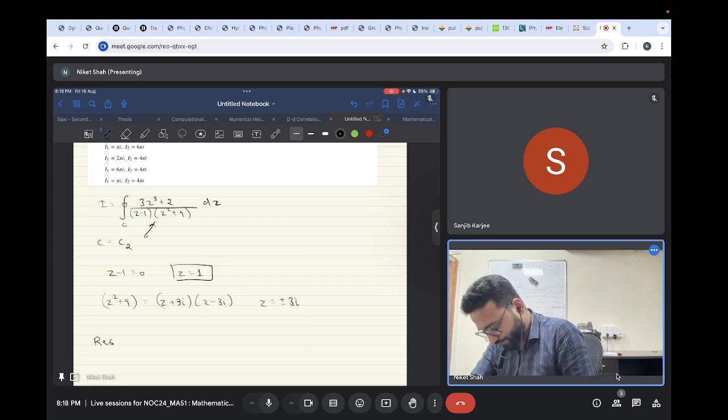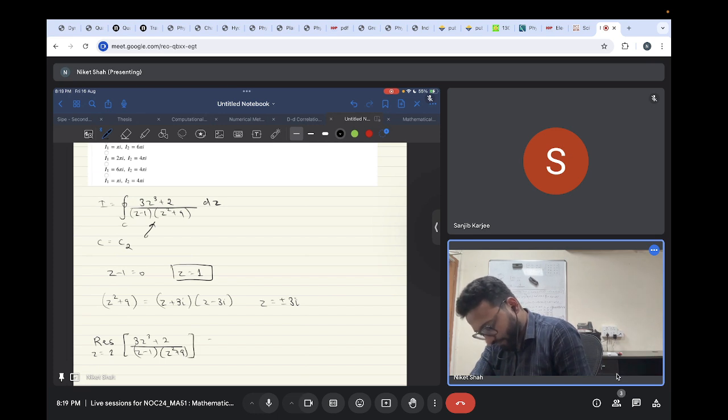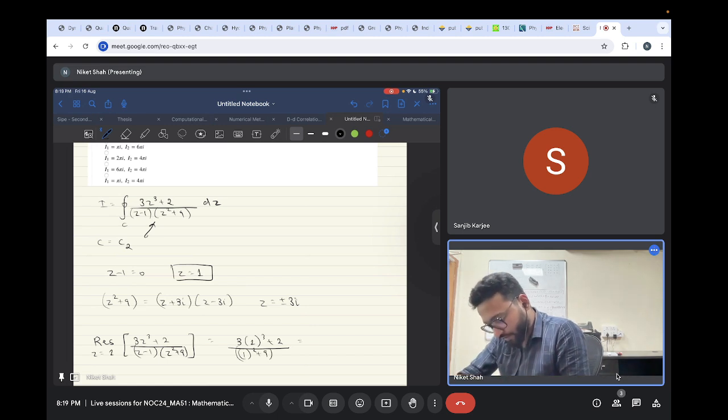Residue at z equal to 1 of (3z cubed plus 2) divided by (z minus 1)(z squared plus 9) is equal to 3 into 1 cubed plus 2, divided by, the z minus 1 will go away because I'm trying to find the residue at z equal to 1, 1 squared plus 9. This is equal to 5 divided by 10. This is equal to half.